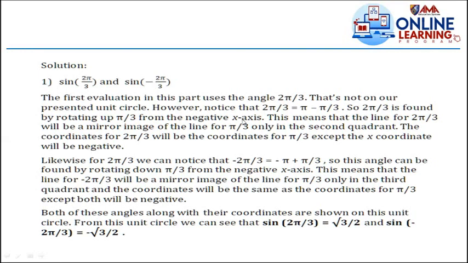So this means that the line for 2 pi all over 3 will be a mirror image of the line for pi all over 3, only in the second quadrant. The coordinates for 2 pi over 3 will be the coordinates for pi all over 3, except the x-coordinate will be negative.